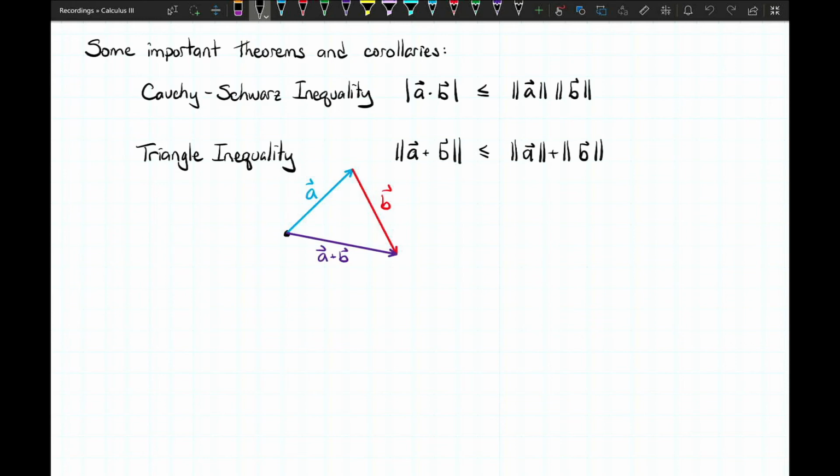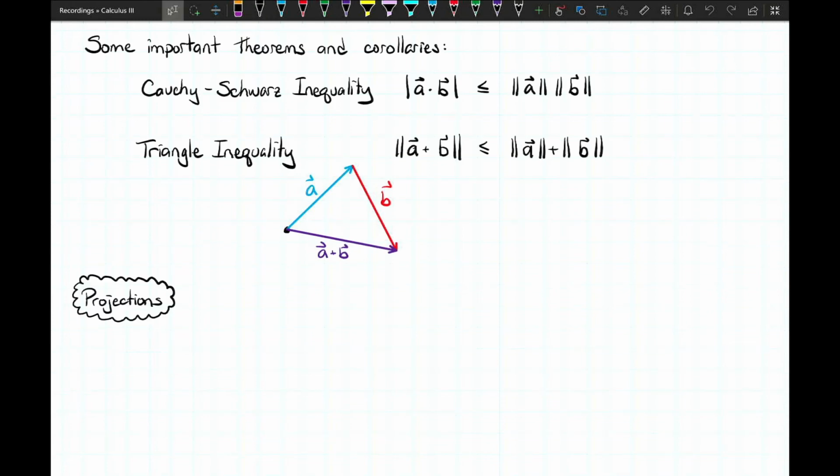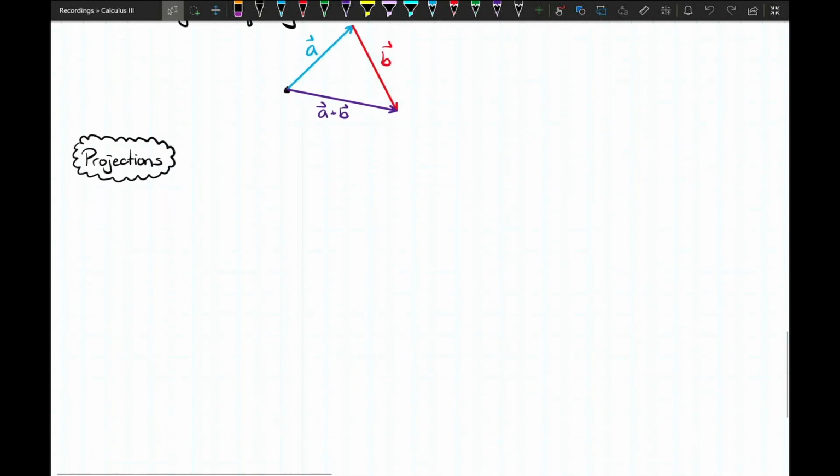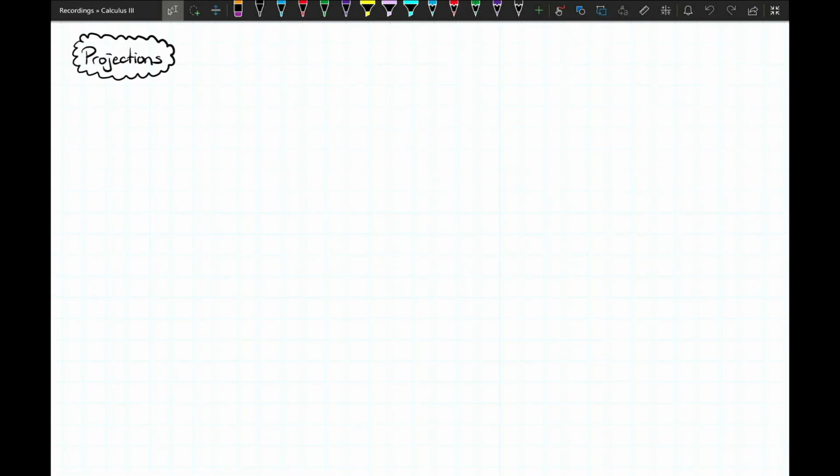And this is also one we're going to be seeing quite a fair bit in future calculus topics. We're going to be looking at what we call a projection of one vector onto another. Now, what we mean by that is if we're given two vectors, here I've got the vector a and the vector b, let's say maybe just in standard position.